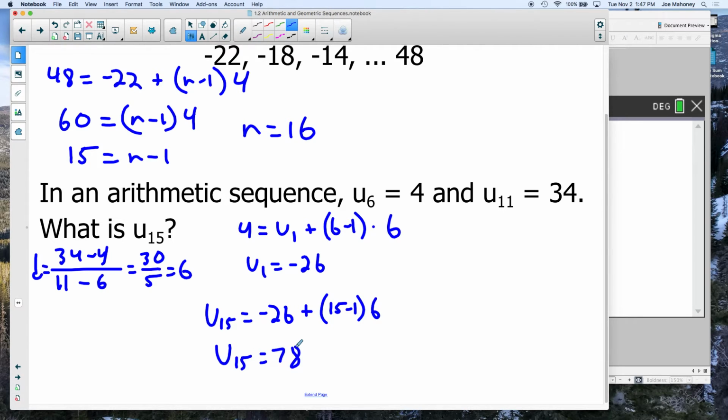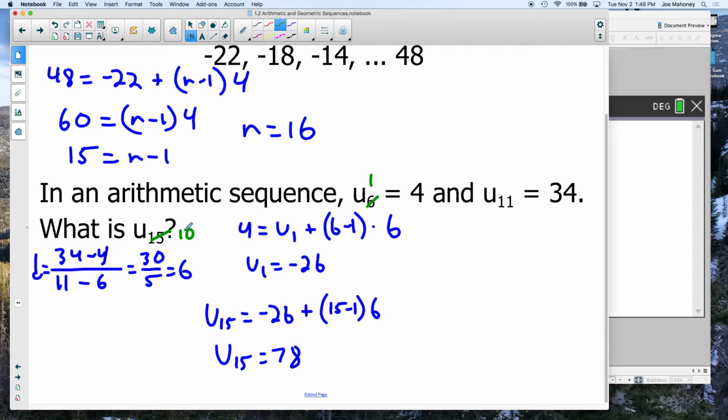But there's another way to do it that's a little more creative. So what we'll do is green, because green is creative. I know that from u6 to u11 is counting up to a total of 5 terms. So if I call u sub 6 u sub 1, then u sub 15 is really u sub 10. So I'm kind of forgetting about all the first 5 terms and starting at term 6.